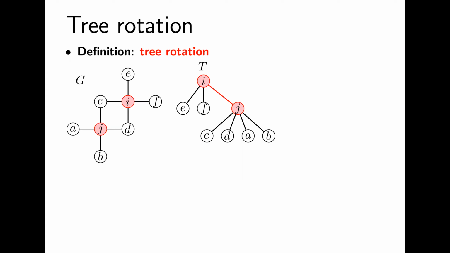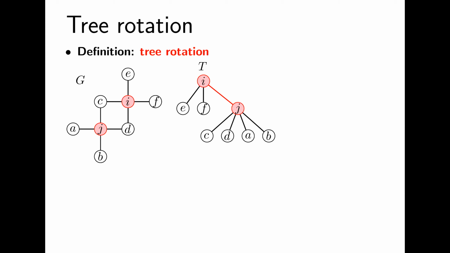And what is a tree rotation on an elimination tree? So suppose you have a graph G and some elimination tree T, where two nodes I and J form an edge in the elimination tree, where I is the parent of J. So meaning that I was removed before J was removed.